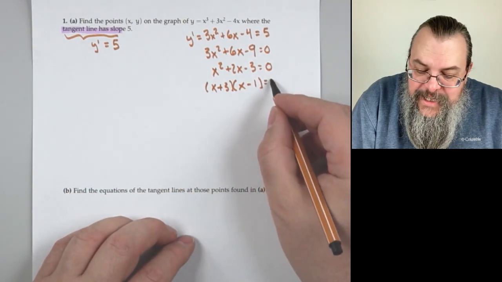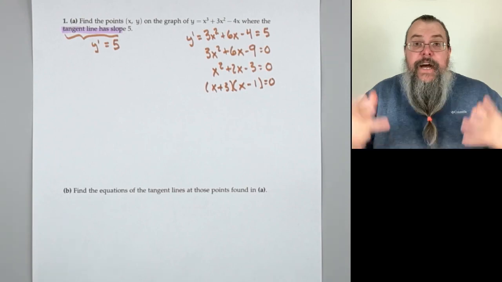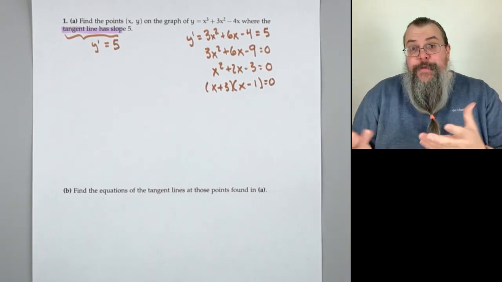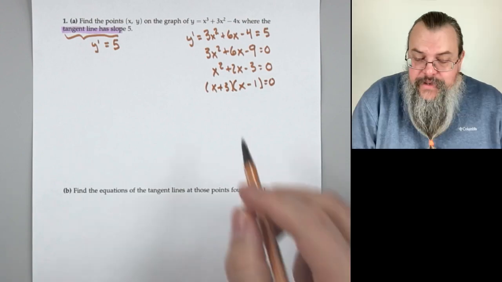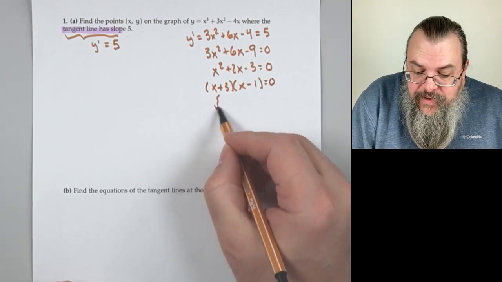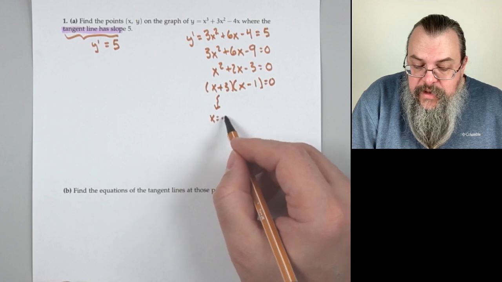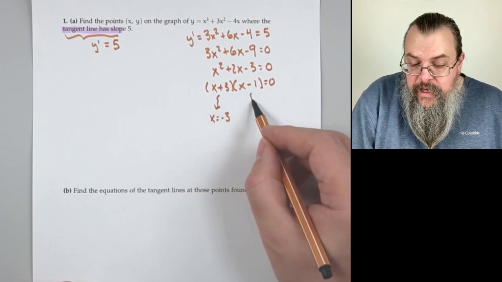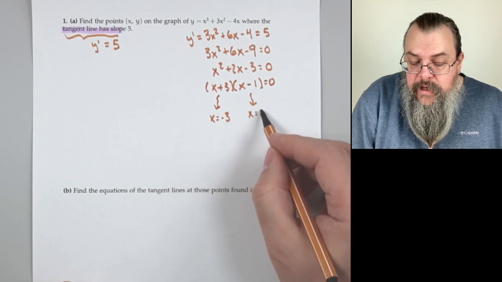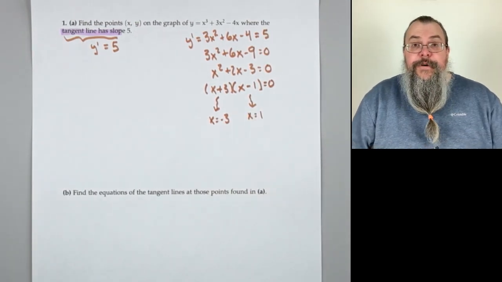Set that equal to 0. Now, this is why we like 0. If things multiply and we get 0, something had to be 0. So from that, we get x equals negative 3, that's when x plus 3 equals 0, and x equals 1, that's when x minus 1 equals 0.